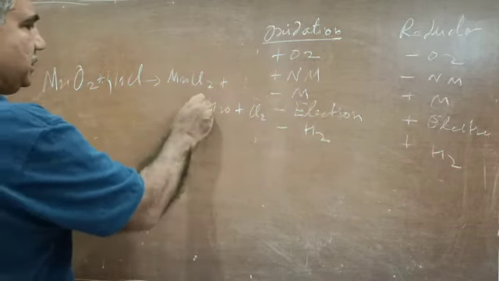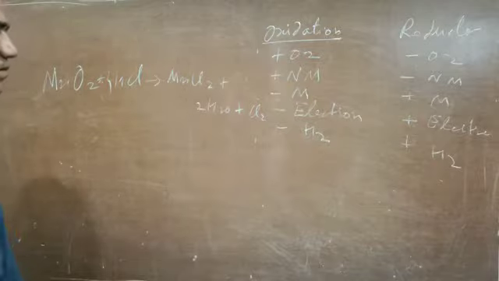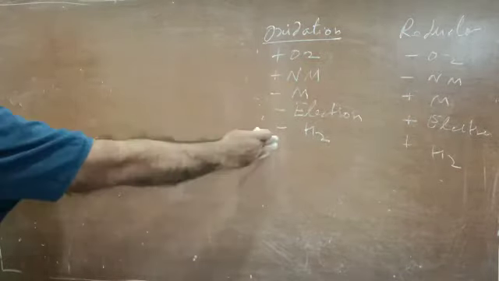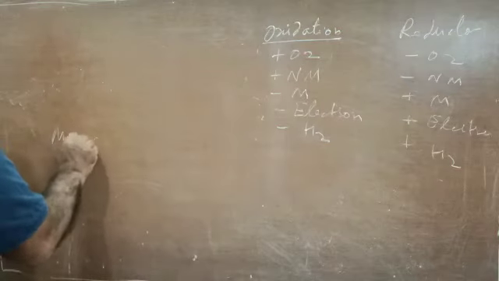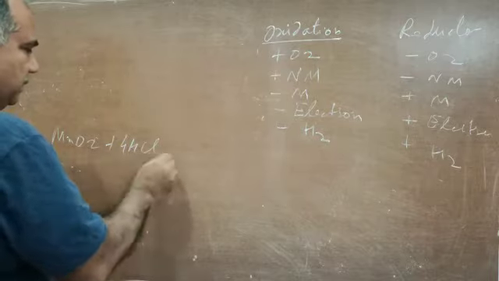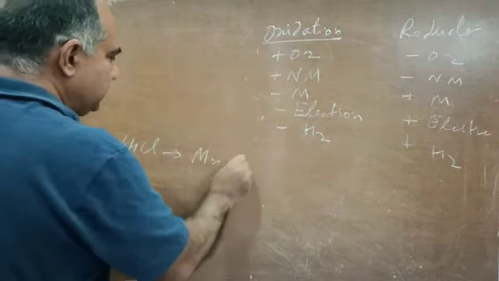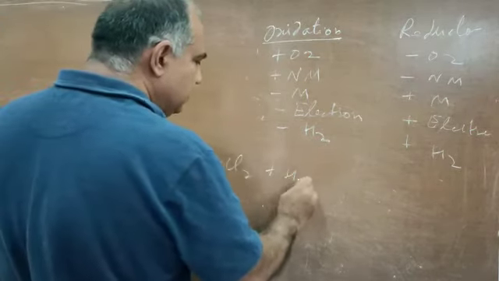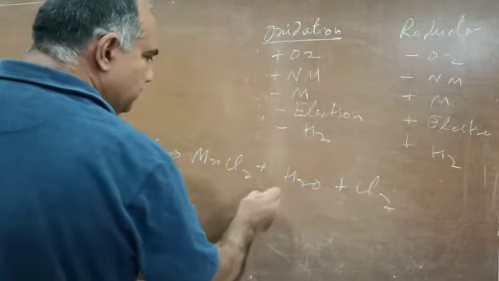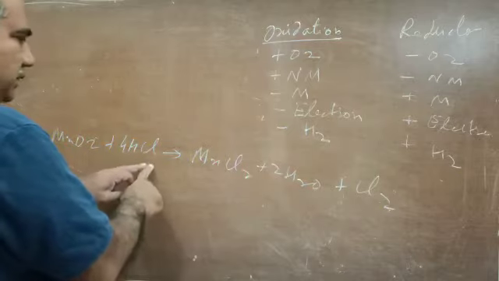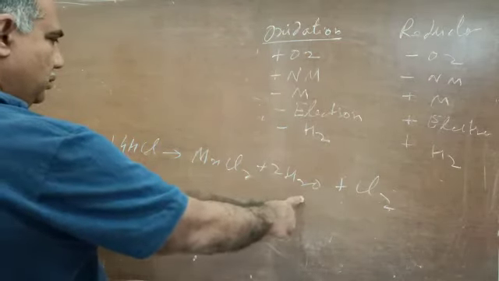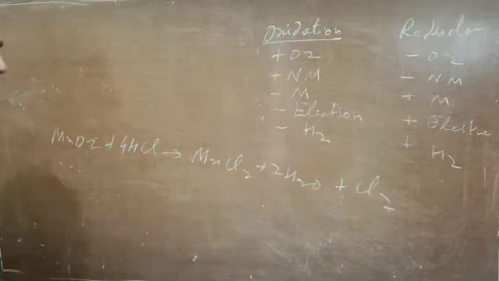It is MnO2, manganese dioxide, plus HCl, and this is MnCl2 plus H2O and plus Cl2. Now this will become 2H2O, so 4HCl, Cl2, Cl2, 4Cl, O2, O2. Yes, now it's 4. Now it is balanced.